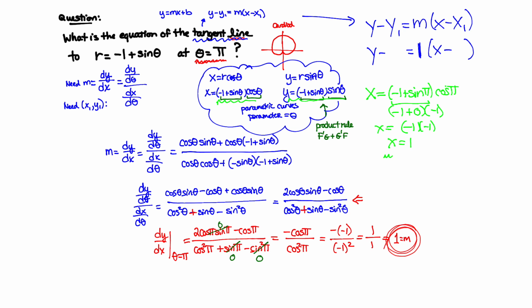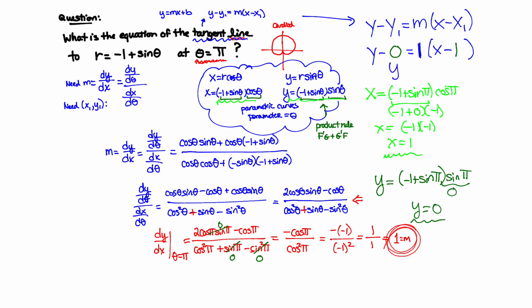So when theta is pi, x is 1. I need a different color because that's not showing up on the board. So let's do y equals -1 plus sine of pi times the sine of pi. Oh, hello, sine of pi is just 0. So that's just y equals 0. So now I have my x value and my y value.